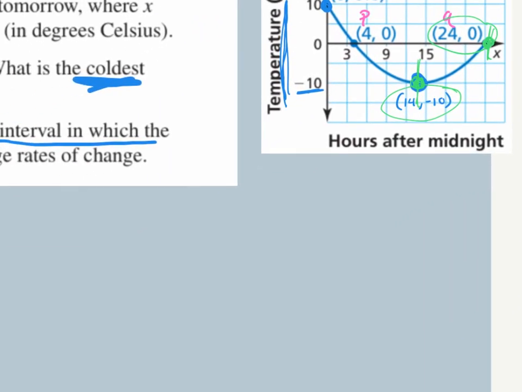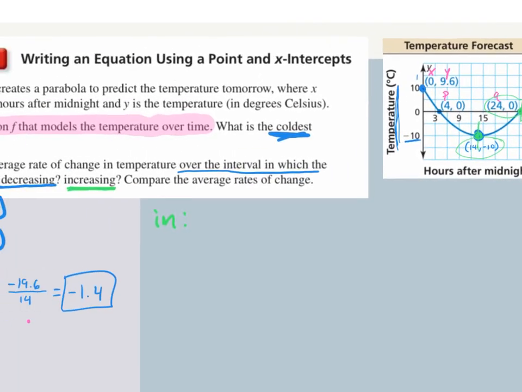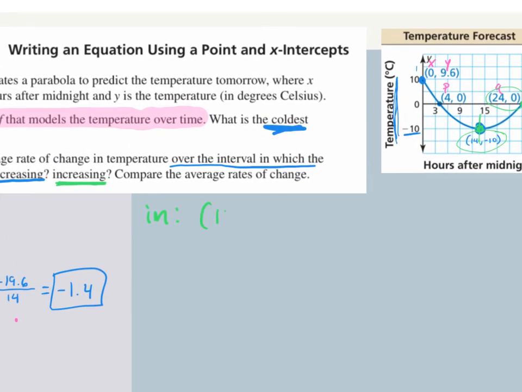So our 2 points are 14, negative 10, and 24, 0. Can you guys see that on the blue, or should I change the color? I'll change it.